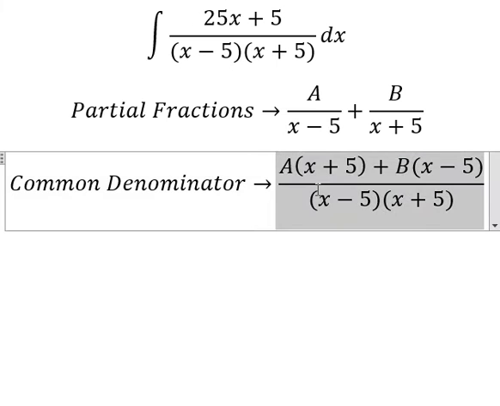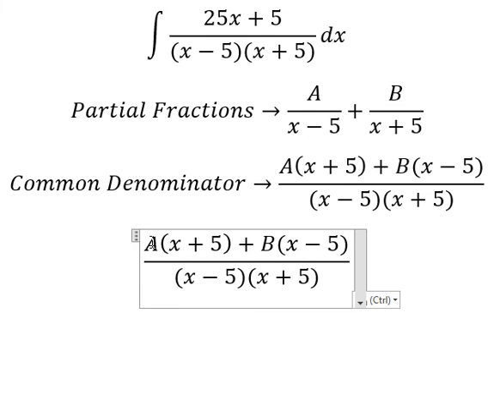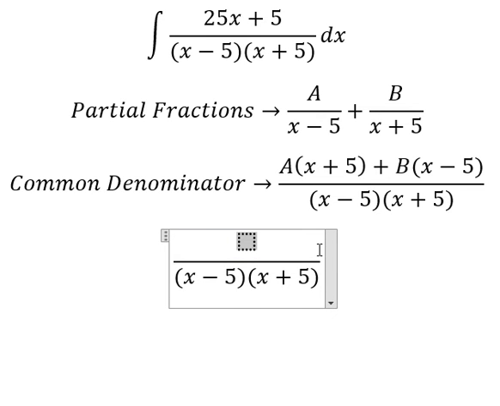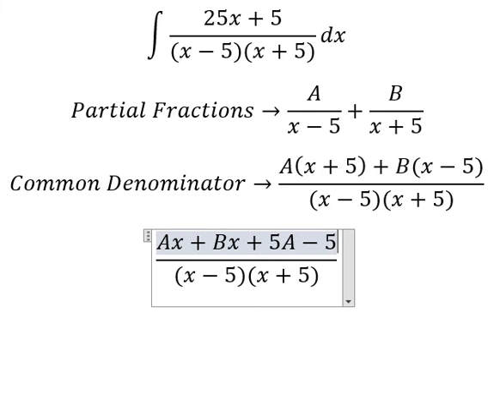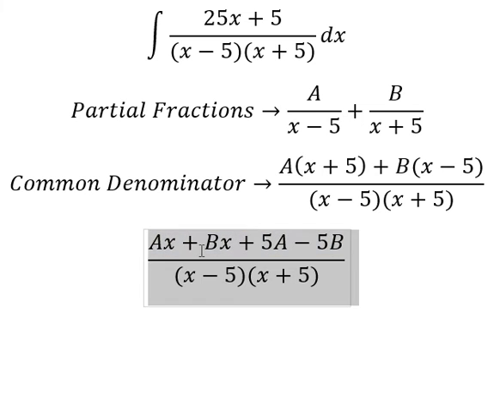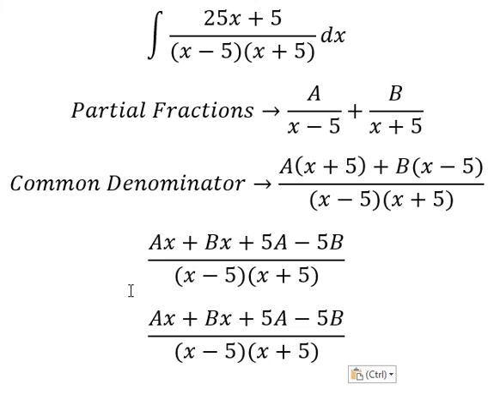And now, we need to arrange this one. So you got ax plus bx plus 5a minus 5b. X and x, we can do factorization.